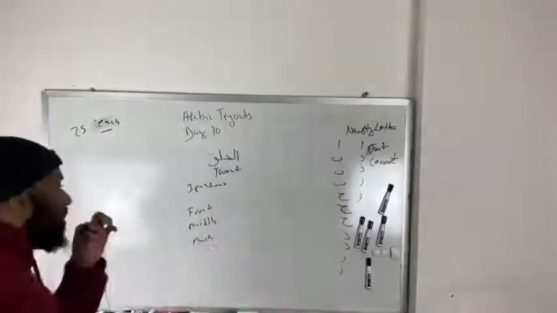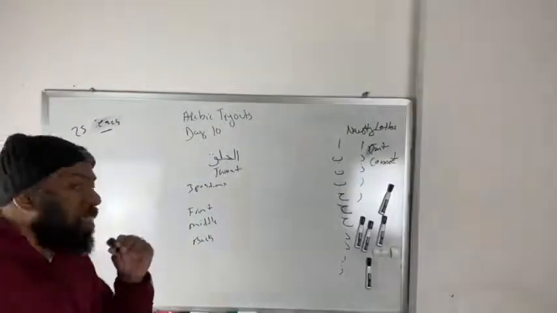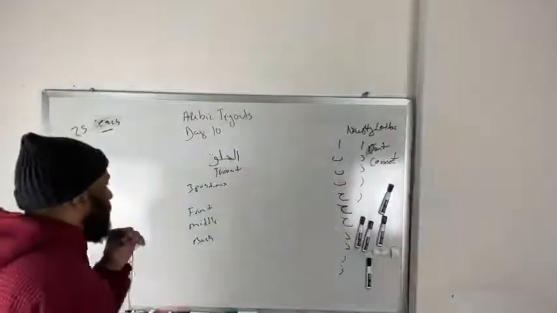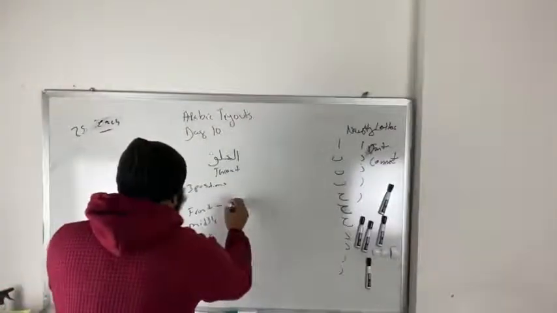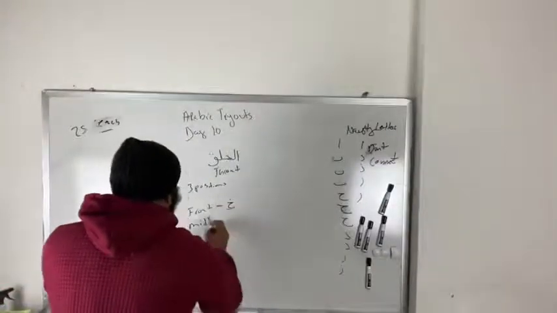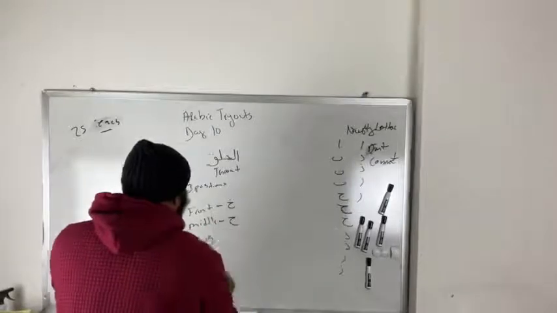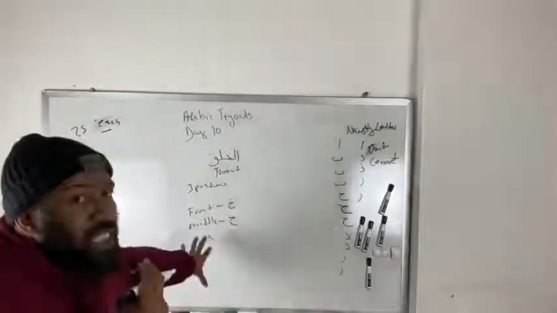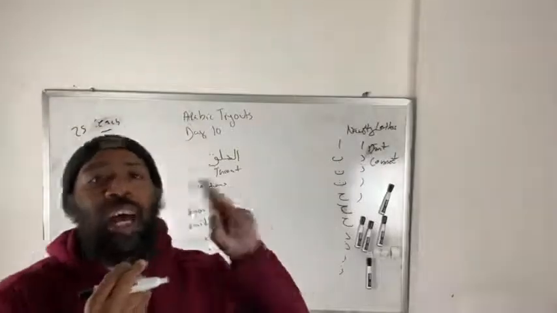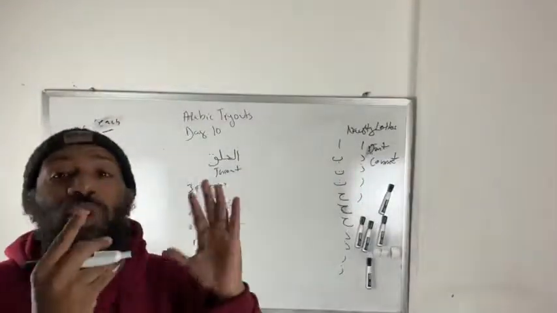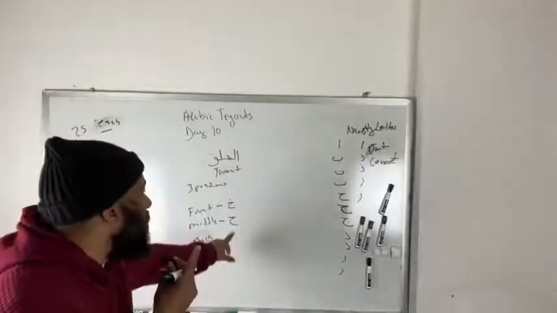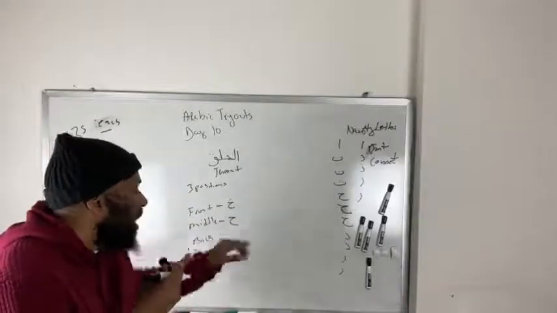Out of the letters we covered so far, the letters of the throat are only 2 that we mentioned. From the front, we have Kha. From the middle, we have Ha. Each position within the throat has 2 letters, bringing the total to 6. So that means we have another letter here and another letter here.